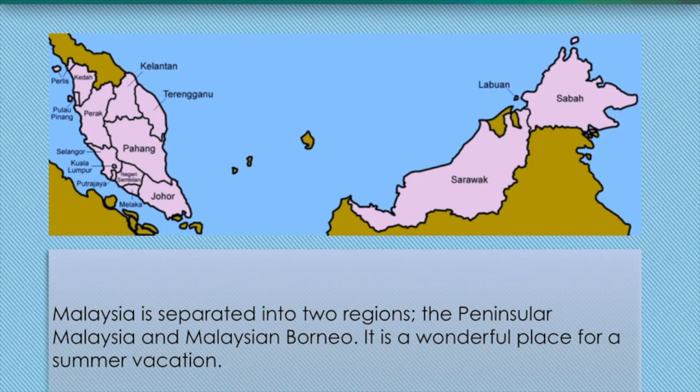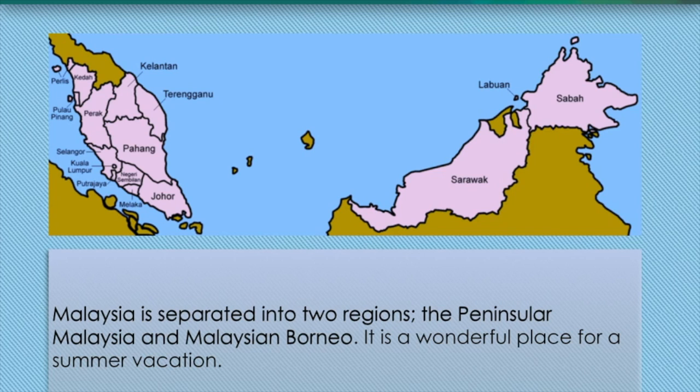You need to keep in mind that some statements have a mixture of both statement of fact and statement of opinion. Let's look at an example of a statement of fact and opinion. The first statement, Malaysia is separated into two regions, the Peninsula Malaysia and Malaysian Borneo, can be proven by referring to a map or searching on Google.